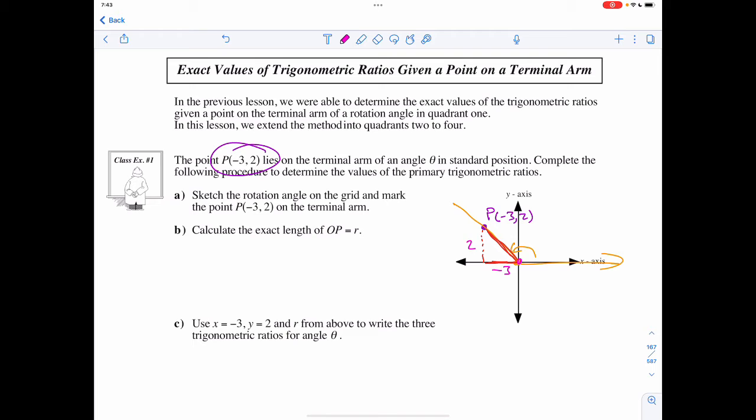and going from the origin to P, r is going to be calculated from r squared is equal to -3 squared plus 2 squared. If you use +3 and +2, it's not really going to make a difference because when I square it, it's going to make a positive anyways. r squared is going to equal 9 plus 4. r squared is equal to 13, which means that r is going to equal the square root of 13.